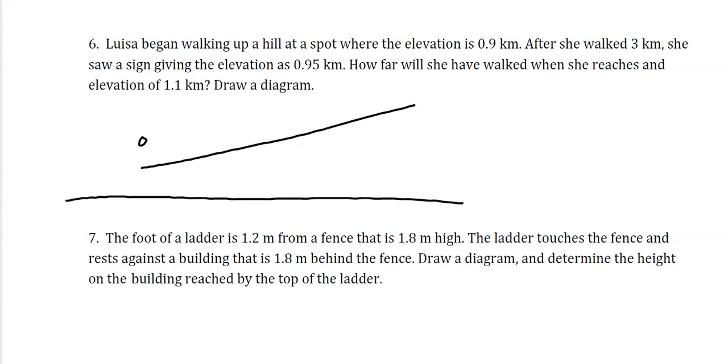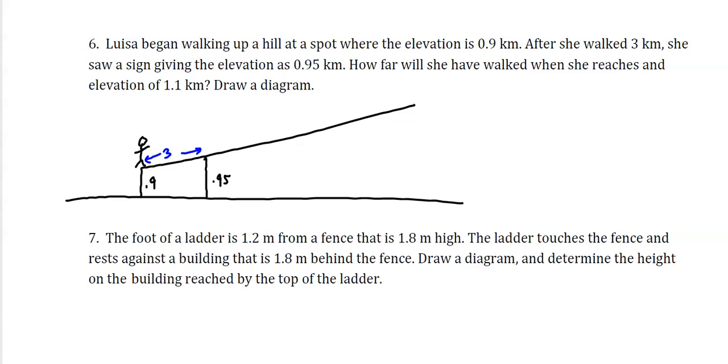She starts walking at an elevation above ground of 0.9. She walks 3 kilometers, so she goes 3 kilometers up, and at that spot, it says the height is 0.95.